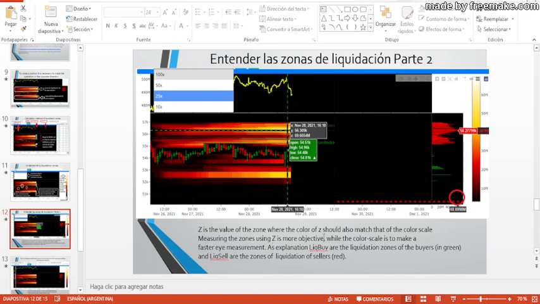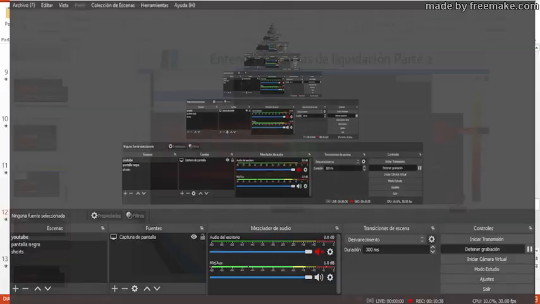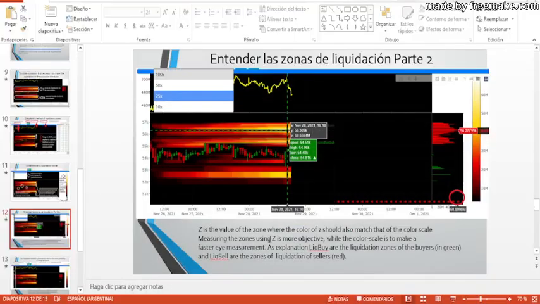The value here is more objective, while the color scale is for a faster measurement. As explanation, Leak Buy is the liquidation zone of the buyer. Leak Buy and Leak Sell are these horizontal histograms, and Leak Sell is the liquidation zone of the seller. This is a Leak Sell.